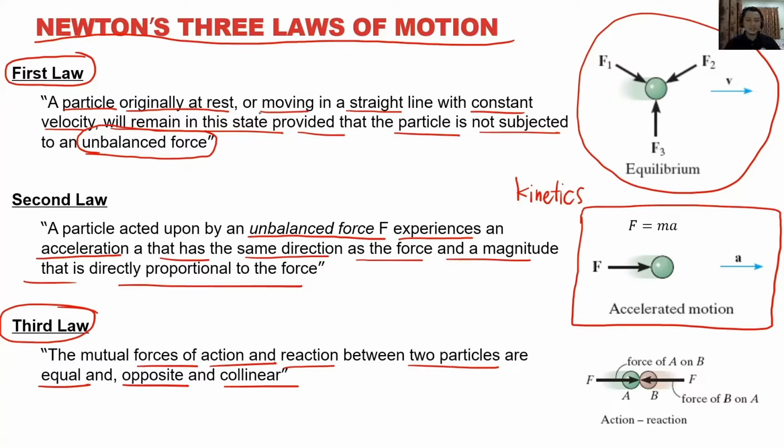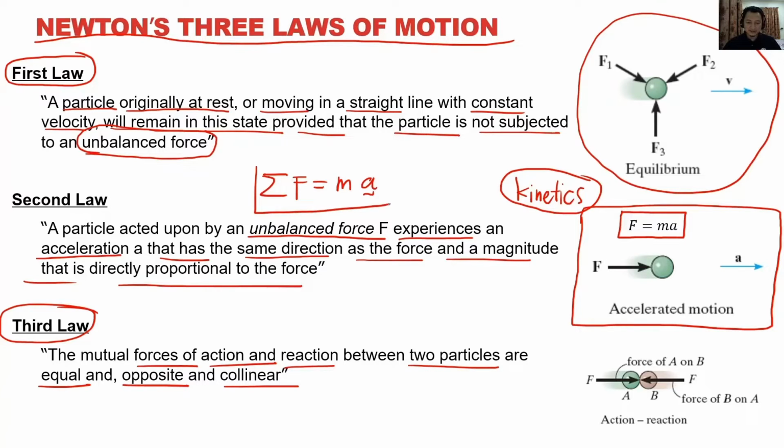For this chapter we'll be using a lot of Newton's second law, which is summation of forces equals mass times acceleration. Force is a vector, acceleration is a vector, and mass is not a vector.